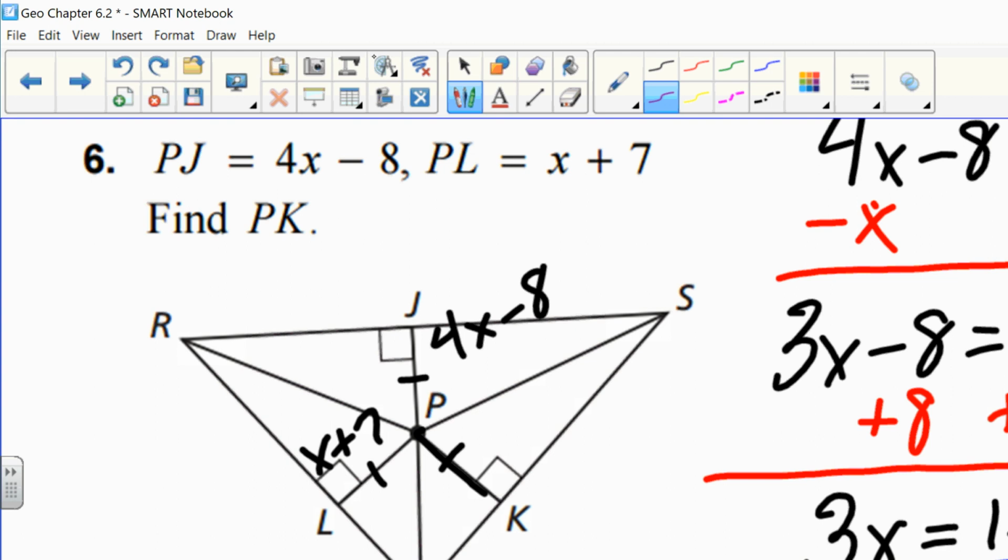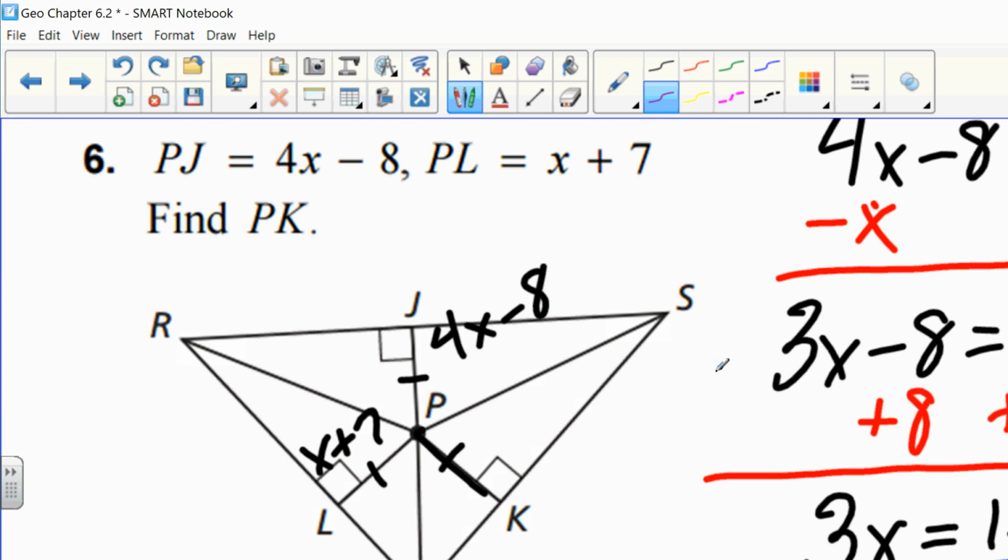Plug it back in. So we can say 4 times 5 minus 8 would be 20 minus 8, which is 12. We can do it with the other one as well. 5 plus 7 is 12.